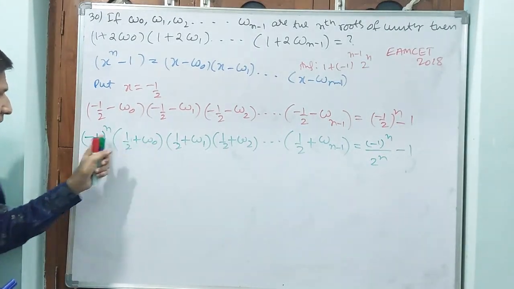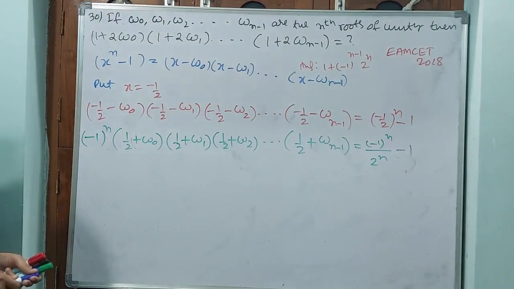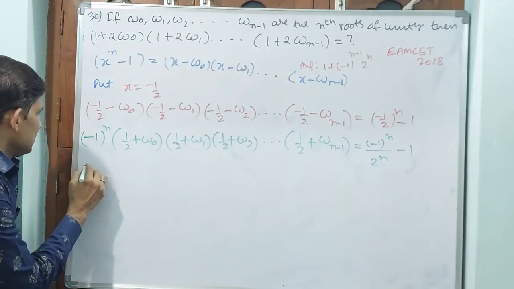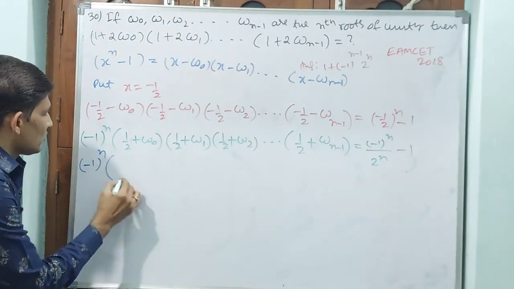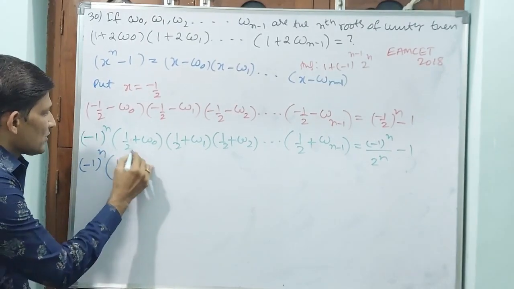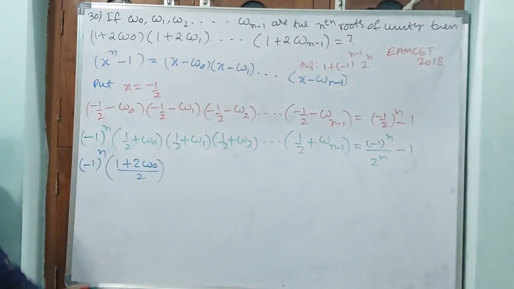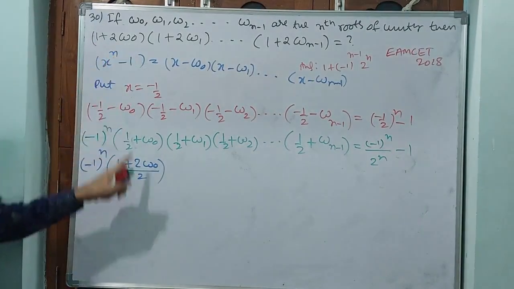Now you cross multiply. You see, minus 1 power n will be like this only: 1 plus 2 omega 0 divided by 2, okay? So you are getting this one.